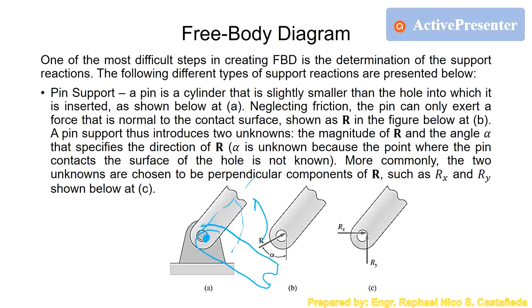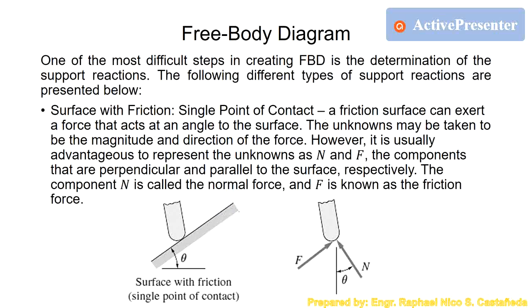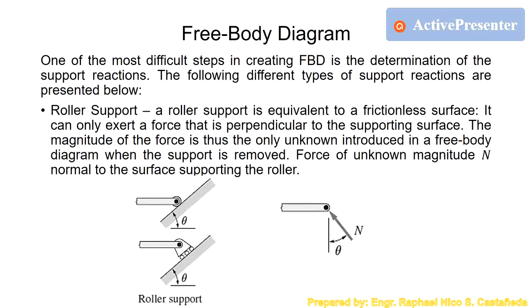So, we can rotate it anywhere because there is no, shall we say, rotational effect. Same goes with the roller. There is only one support here because there is no support here, since we can move it along the surface.